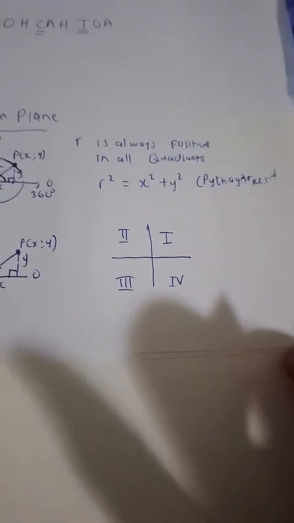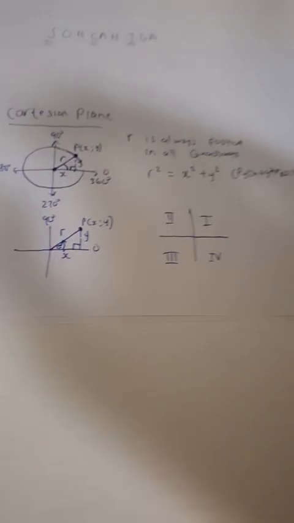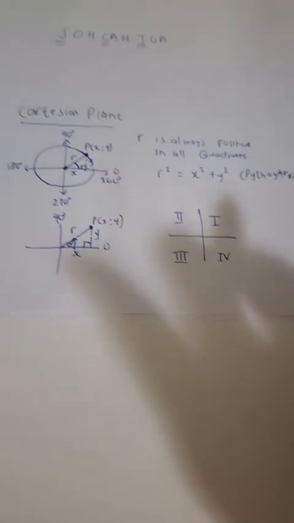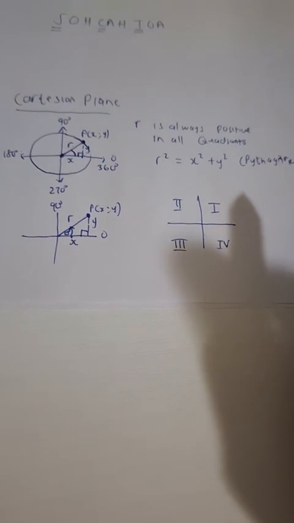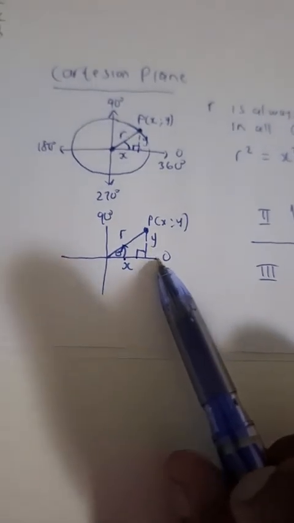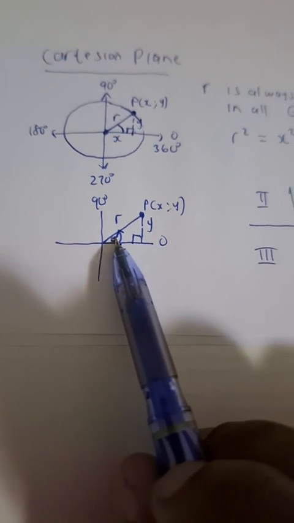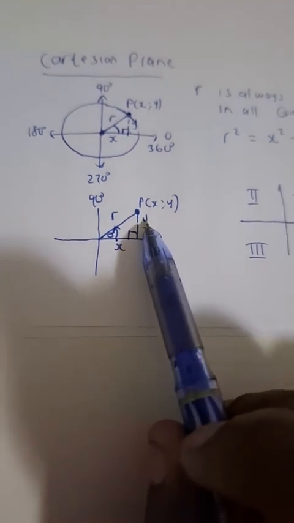Okay, now in these respective quadrants we understand something about the sign of the different trigonometric ratios. Sine theta, as per our first quadrant, if we look at this right angle triangle, remember the definition of sine is opposite over hypotenuse.